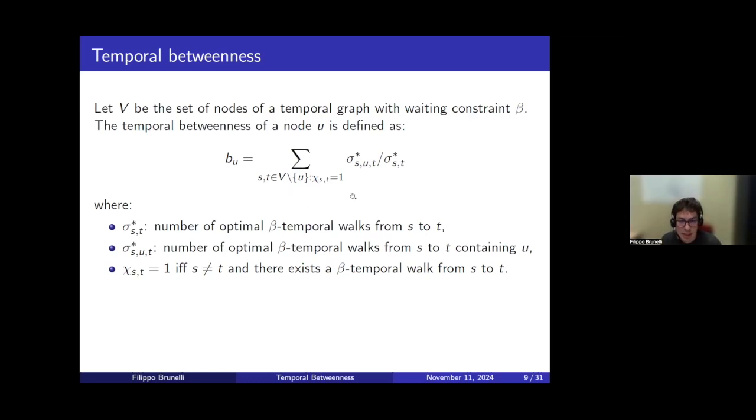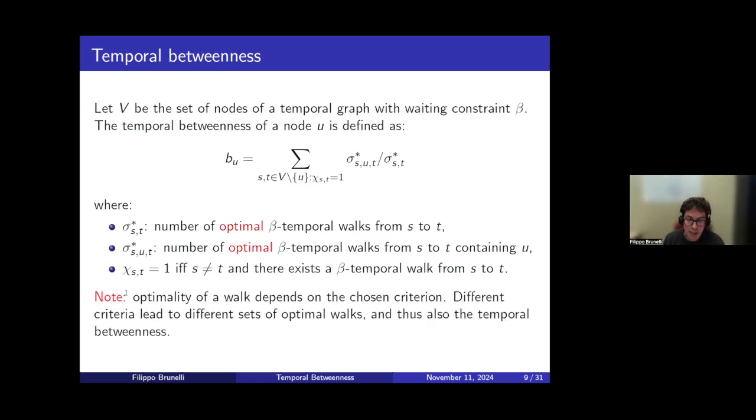So in this case, sigma star SUT and sigma star ST are the optimal beta temporal walks from S to T that contain U and the number of optimal walks from S to T. It's key here to notice that in the classic notion of a graph, we are speaking about shortest, while here we are speaking about optimal beta temporal walks. So this is a very big difference.